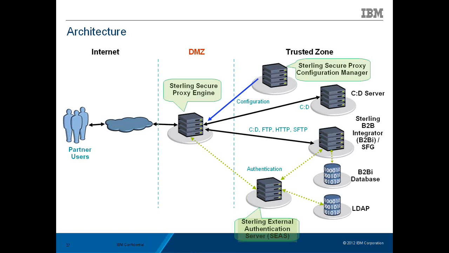So nothing related to security is residing in the DMZ, and nothing related to data is residing in the DMZ. Everything goes back to the trusted zone, and there are hops between the internet user and the trusted zone application, which is the SSP, and you could also have perimeter servers in the DMZ. So you would have multiple hops before you actually get to the data.